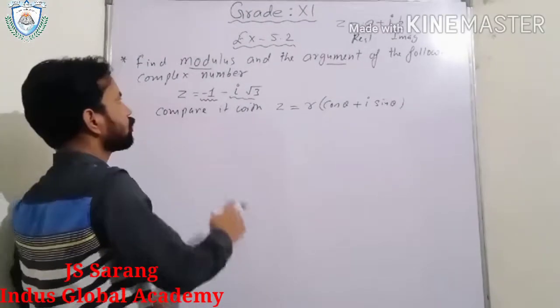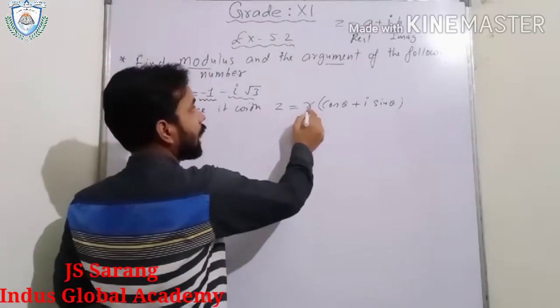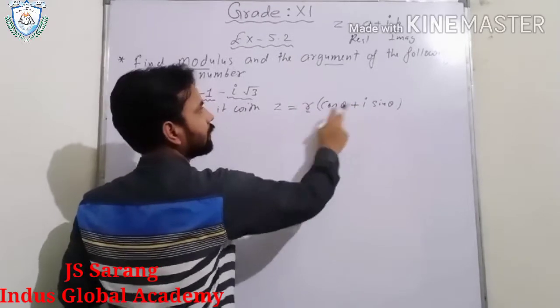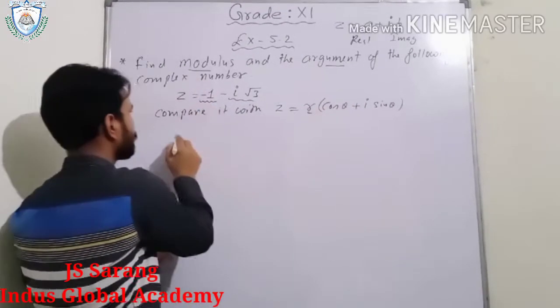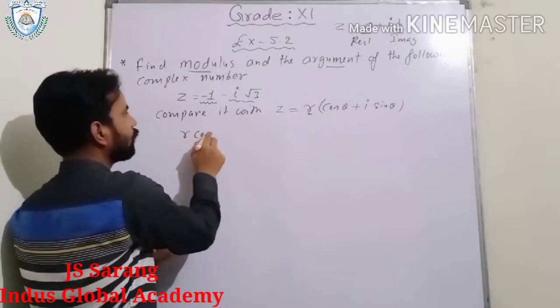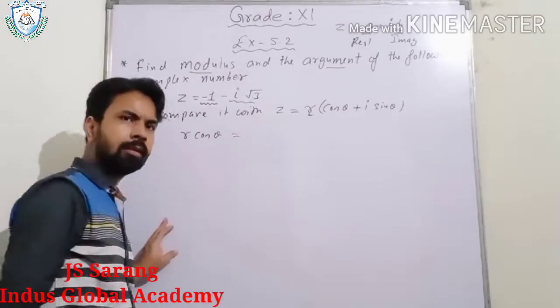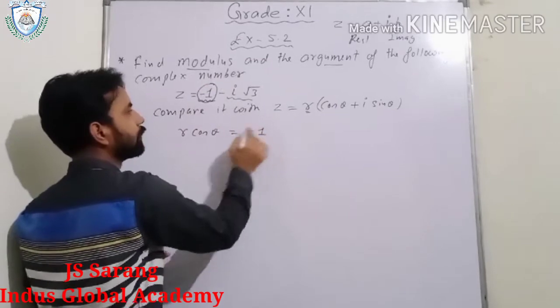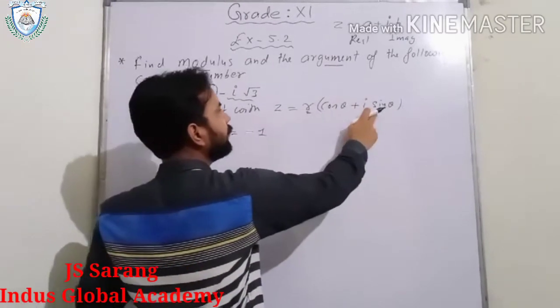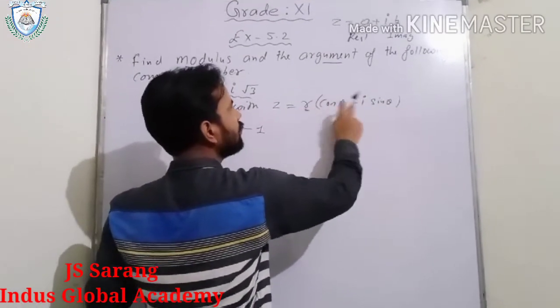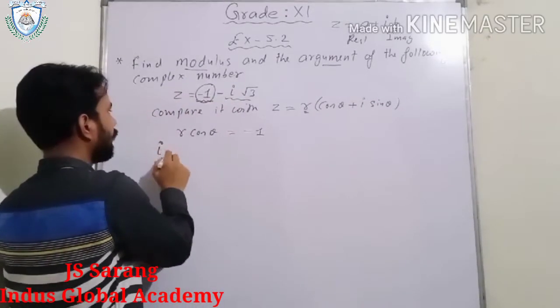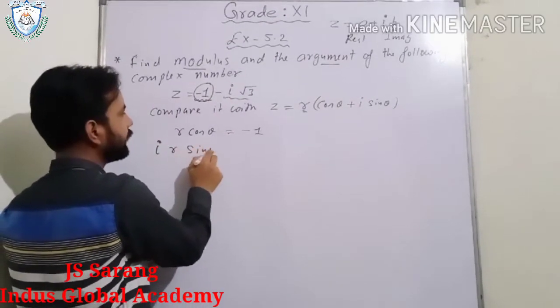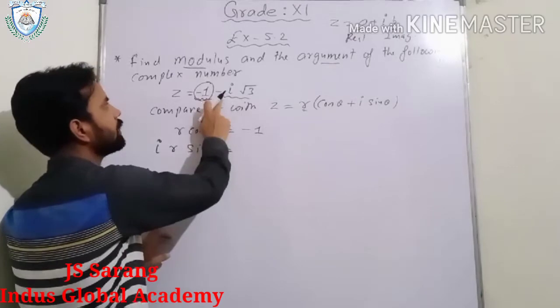Same here. So beta, the real part: r is multiplied inside the bracket, so r into cos theta. It will be r cos theta. Clear? So r cos theta equals what? -1. And r is multiplied here, so i r sin theta. i r sin theta equals what is here?